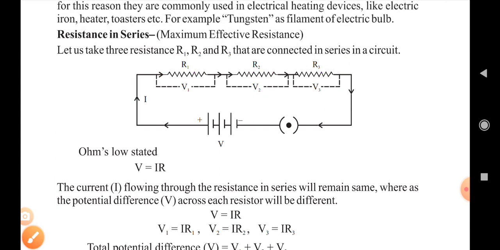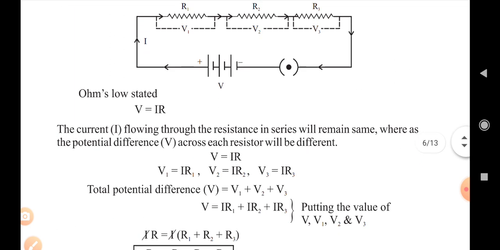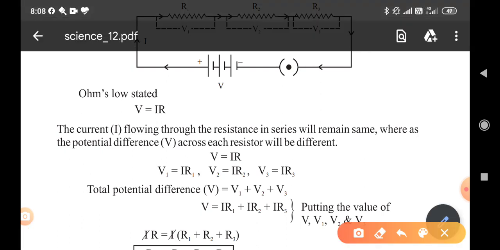According to Ohm's law, V equals IR. The current I flowing through the resistances in series will remain the same, whereas the potential difference V across each resistor will be different. Therefore, for the first resistance, we can write V1 equals IR1, for second V2 equals IR2, and for third V3 equals IR3.